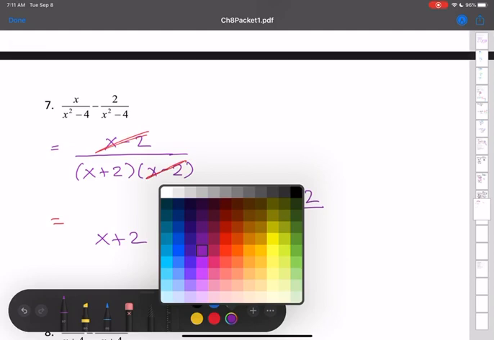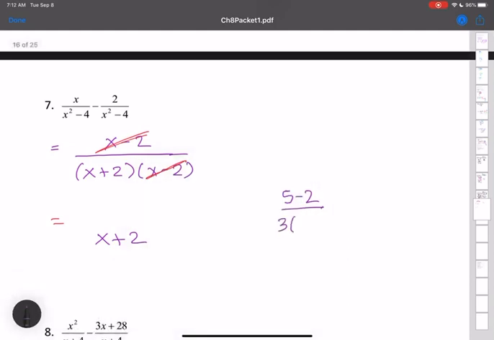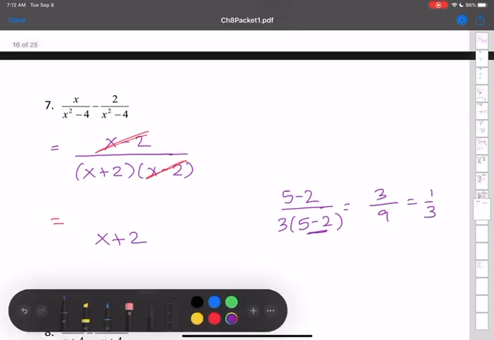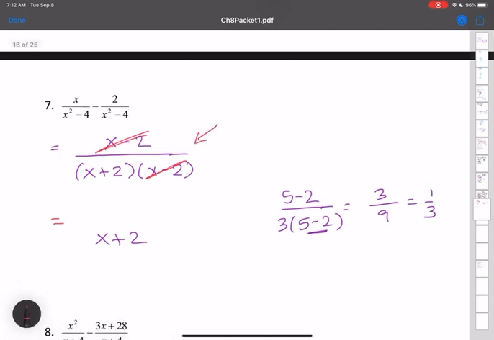I'm liking that 3. Let's just say times 5 minus 2. So if we were to actually do this using order of operations, we would have 3 over this 5 minus 2 would be 3 times 3 is 9. We'd get 1/3, right?